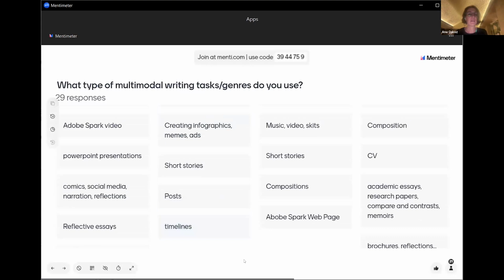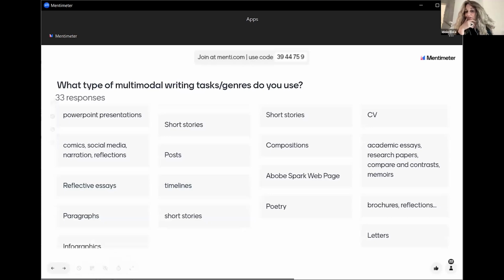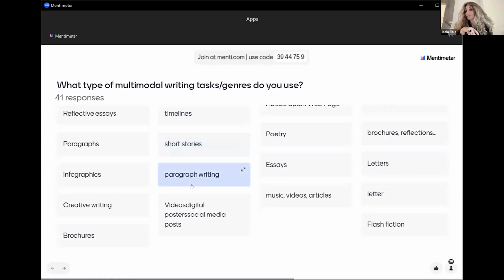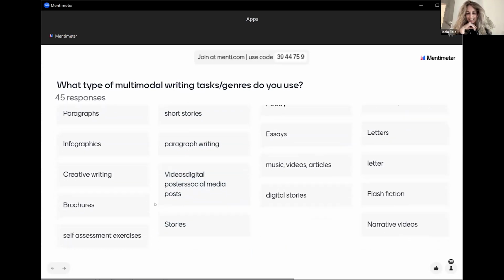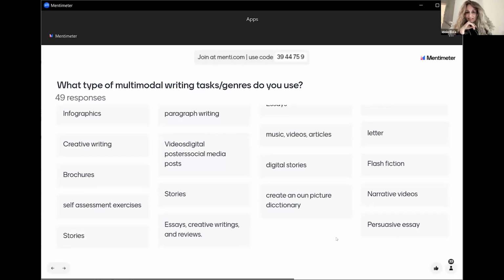Short stories. Posts. Adobe Spark for web pages. That's very useful. Infographics again. It's perfect that Professor Mimi Lee was giving the first talk since she has worked with infographics for some time. Stories, brochures, narrative videos, persuasive essay, stories.